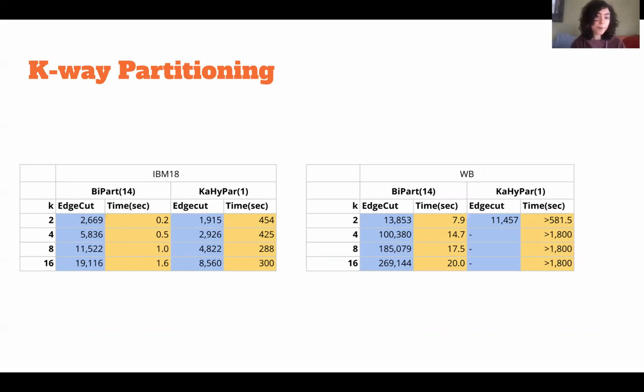Both K-Hyper and Bipart were able to partition IBM 18 into 2, 4, 8, and 16 partitions. Bipart is always producing faster partitions, whereas K-Hyper is better in terms of quality. However, on the larger hypergraph WB, K-Hyper was only able to partition this hypergraph for k equal to 2, and for larger numbers of partitions, it failed to partition WB.